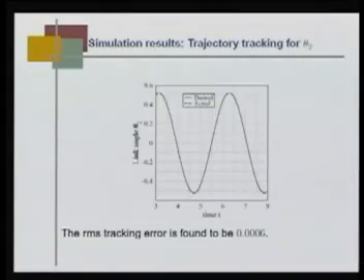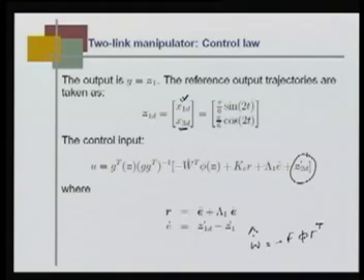Now, I do not know whether you noticed, but in the control law we have G G transpose inverse, and you know that this is a matrix. In this case, G is a 2-dimensional matrix, so G G transpose is again a 2-dimensional matrix, because there are 2 links. If I have a 6-link manipulator, this is a 6 by 6 matrix inversion.